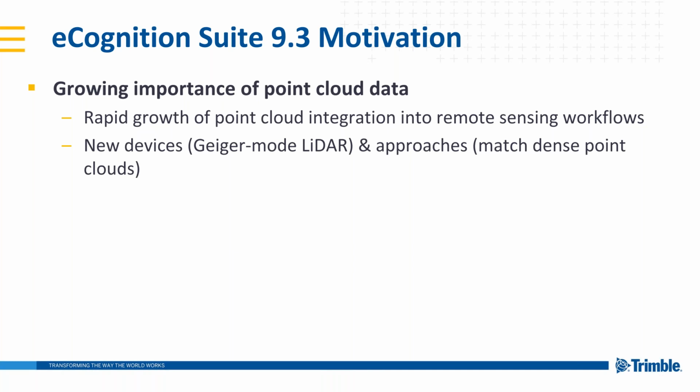First, the growth of point cloud data integration into remote sensing workflows, as well as new devices such as Geiger mode LiDAR, or new approaches in generating point clouds such as match-dense point clouds from photogrammetric sources. We are seeing these influencing remote sensing workflows more and more, and therefore decided to investigate how we can improve the interaction of the user with point cloud data in the eCognition project environment.